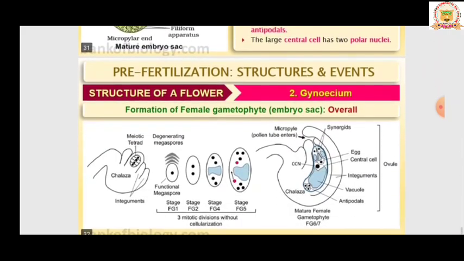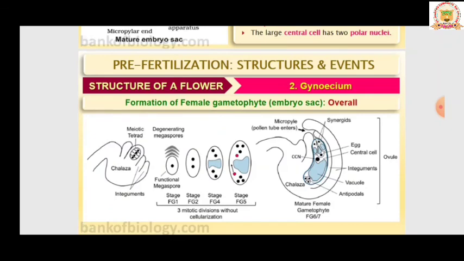Now, an overall view of how the formation of the gametophyte, the embryo sac, takes place is shown in the figure. Have a look, my dear students. These are the integuments, and the cells go through mitotic cell division, forming 4 megaspores. Of those 4 megaspores, 1 is functional and the remaining 3 degenerate.